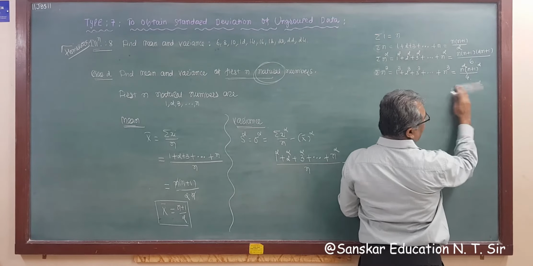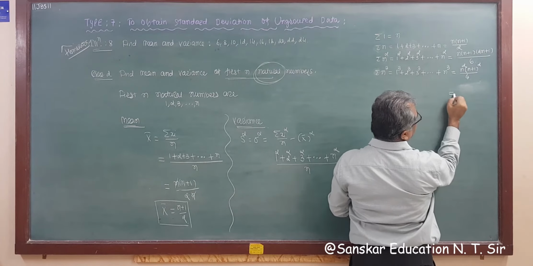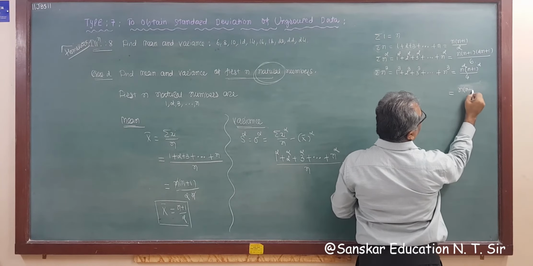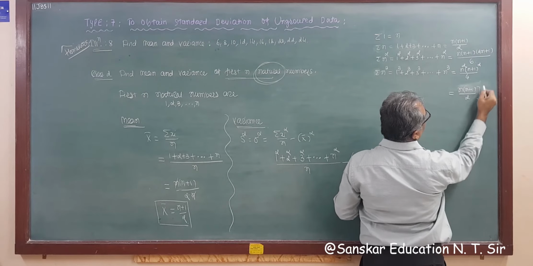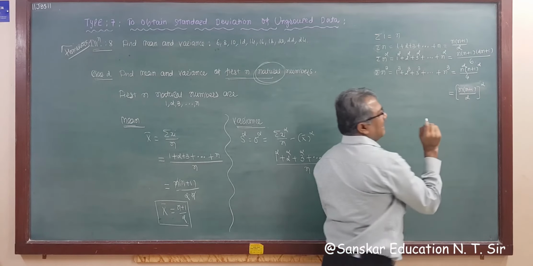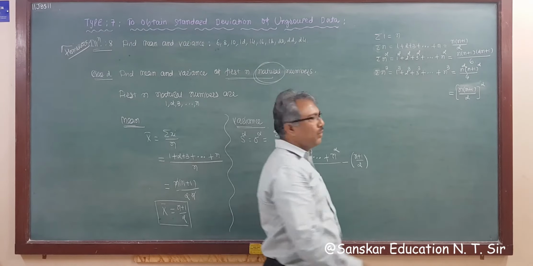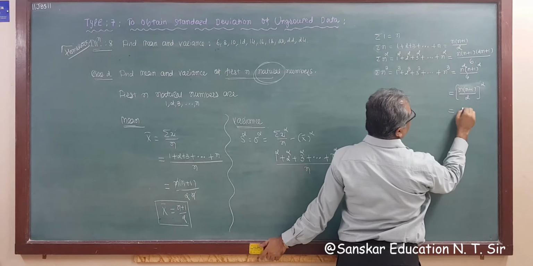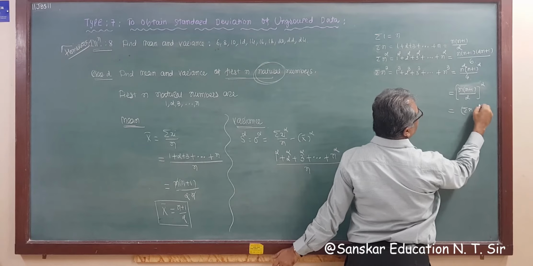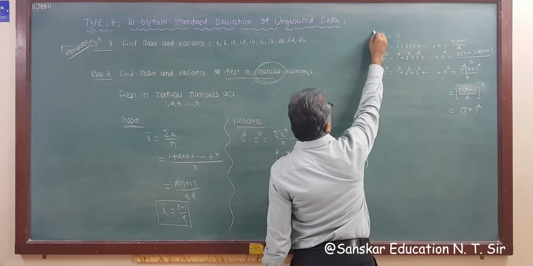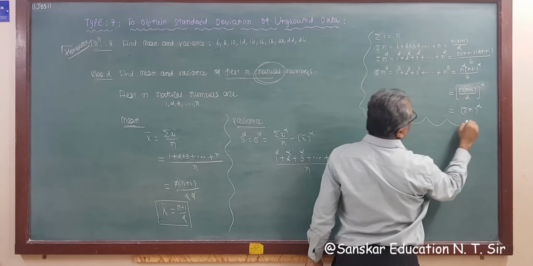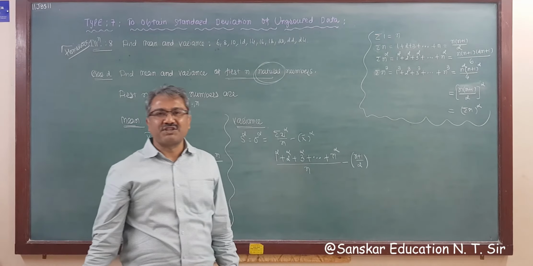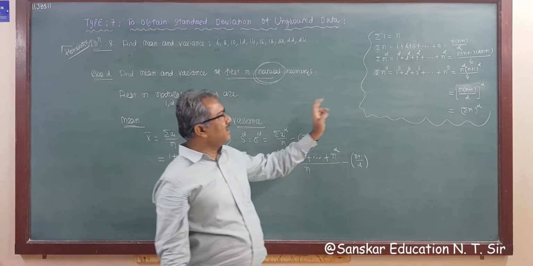If you don't want to write it the first way, then we can write n into n plus 1 by 2 whole square. So what is this? This is sigma n, so this is sigma n whole square, right? You have to remember these formulas, and these are important formulas for the chapter on sequence and series.